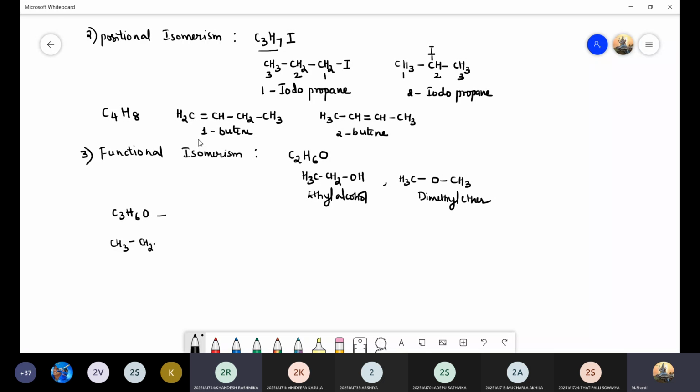We also have the possibility of aldehyde and ketones, right? These compounds contain oxygen. So this is CH3, CH2, CHO. So this is aldehyde, and ketone would be what?